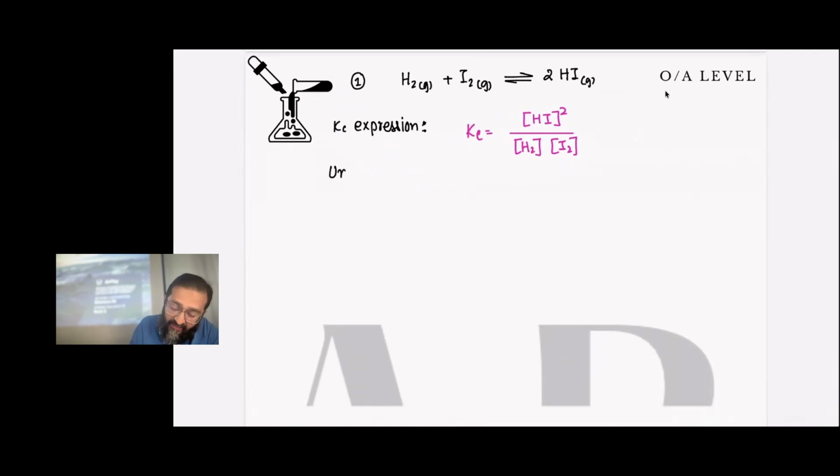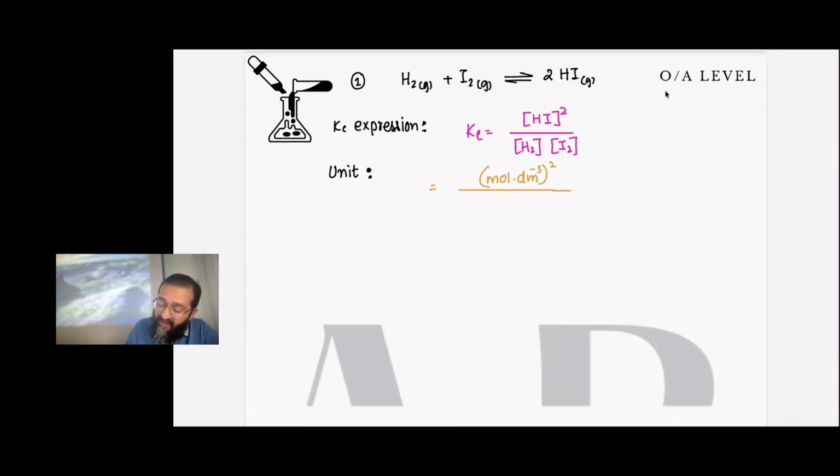Now I'm going to work out the unit. As we have discussed, the square bracket represents the concentration. So what is the unit of concentration? Mole per decimeter cube. So in the numerator, we have mole per dm cube, and it's squared in the equation, so I put the power 2.